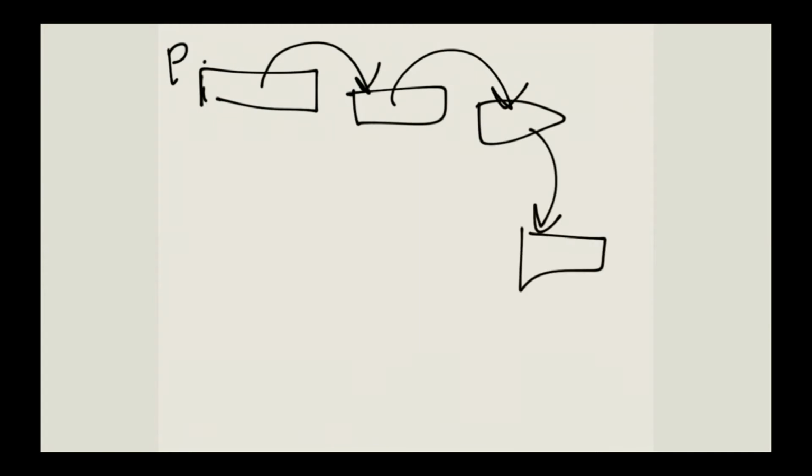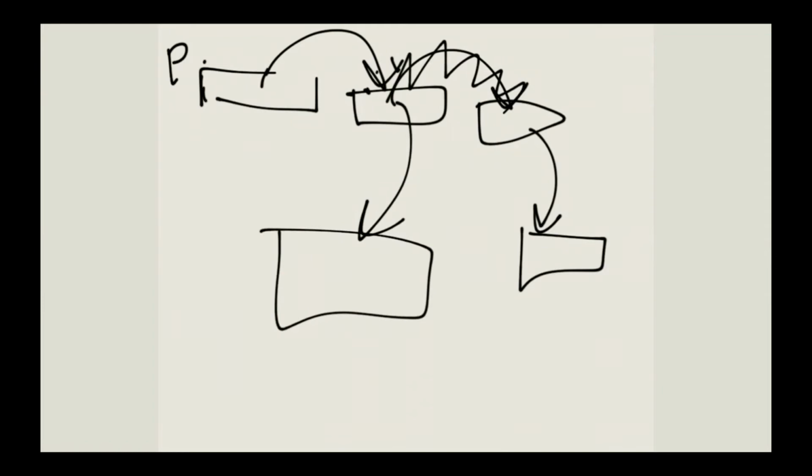Then if you do star P equals something else, then you are changing this second arrow to now point to a different block. And if these were mallocked, then you have now leaked memory, unless you happen to have different references to these, since you can't get back to those ones that you just threw away.